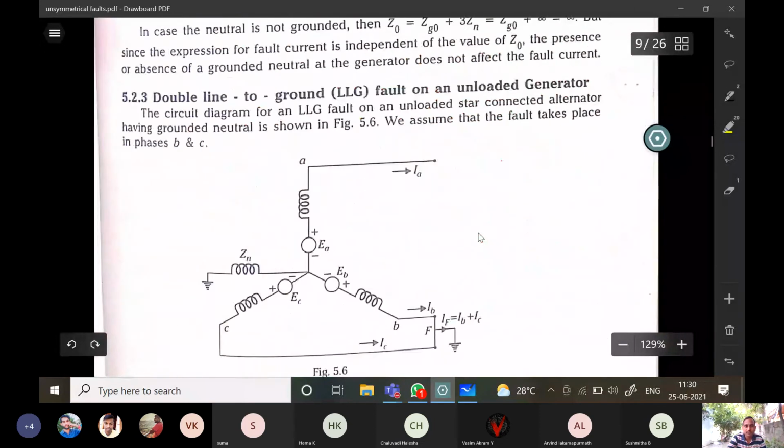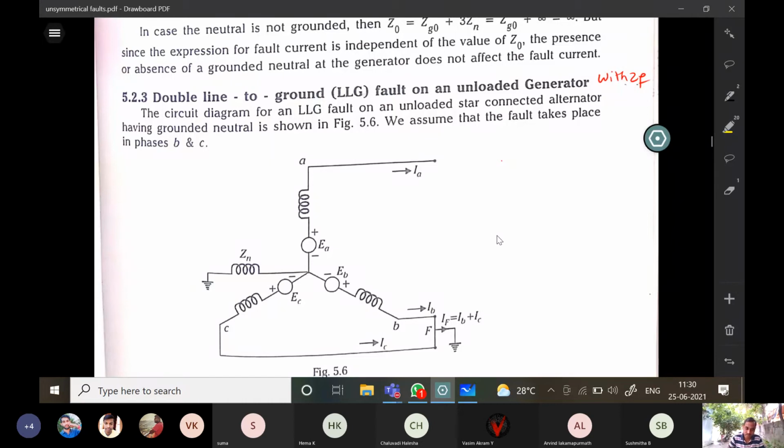So now the third one, double line to ground fault of an unloaded generator with fault impedance, with ZF. In this case, a double line to ground fault is there. With ground means the fault current is flowing like this.